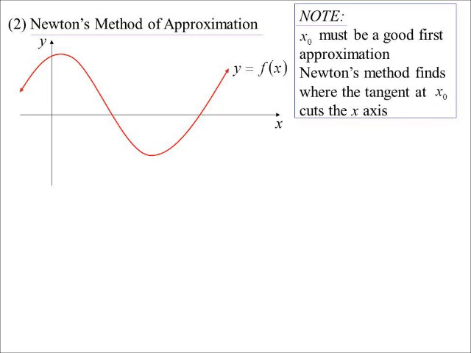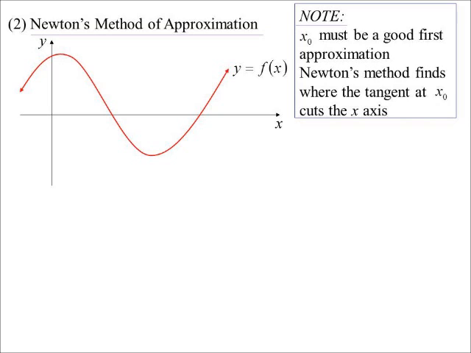So, now, a few things to use Newton's method, or the supposed Newton's method. x0, our first approximation, needs to be a pretty good approximation for it to work, because you can have bad approximations and it means Newton's method just fails. What it basically does is it finds where the tangent cuts the x-axis.